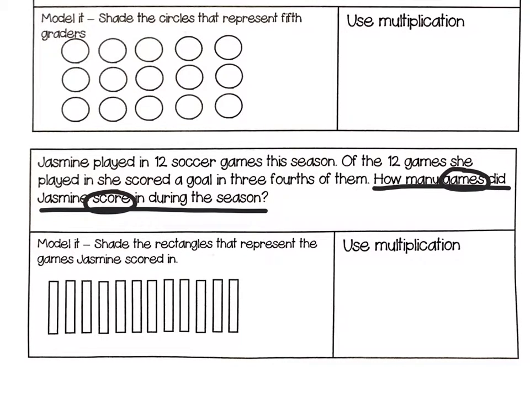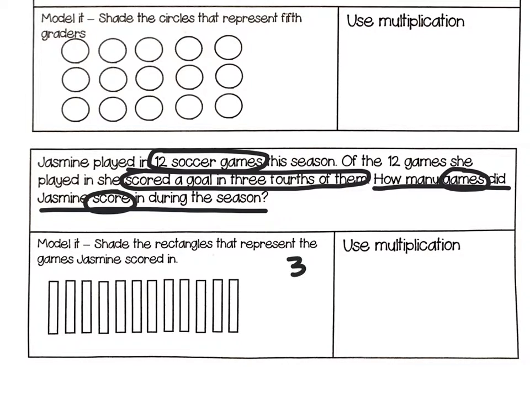So looking back over the problem, it's important that she played in 12 soccer games this season, and she scored a goal in 3/4 of them. So in our model, we have our 12 soccer games that are rectangles, and the fraction that we're looking for is 3/4.